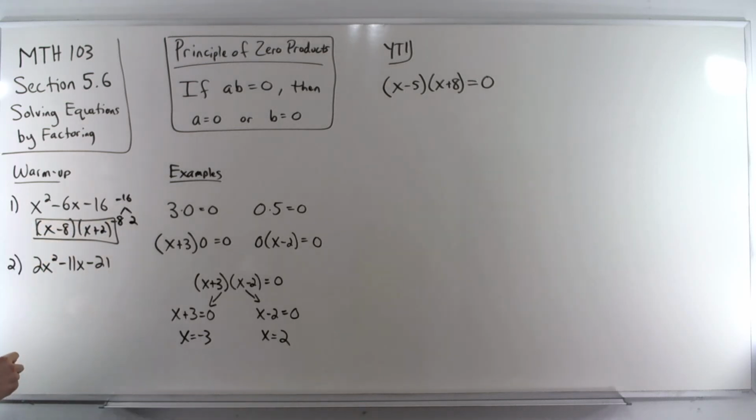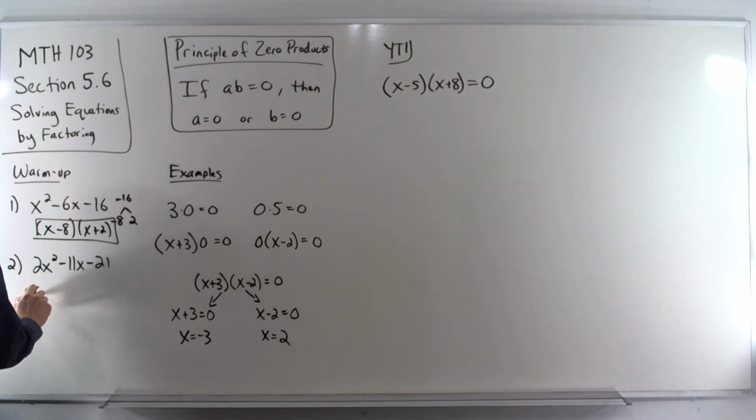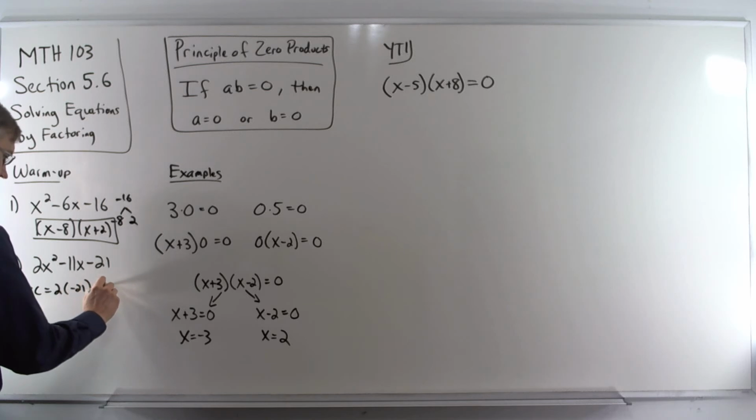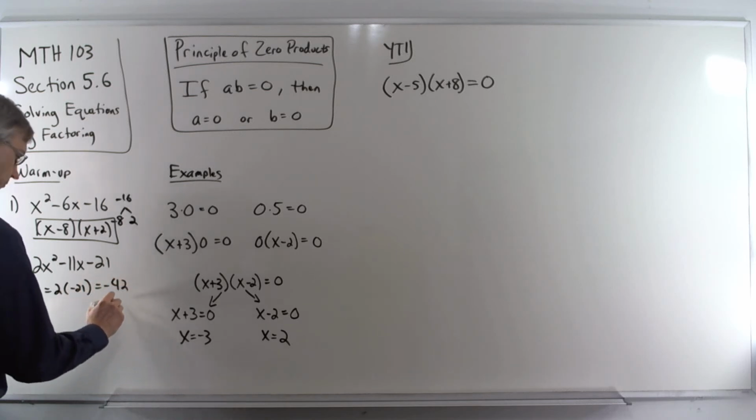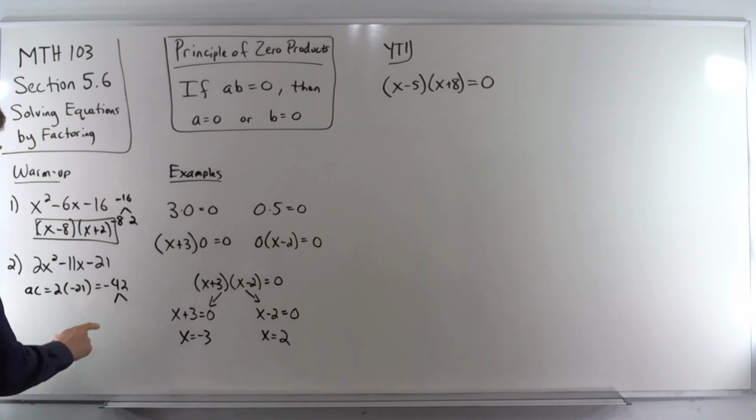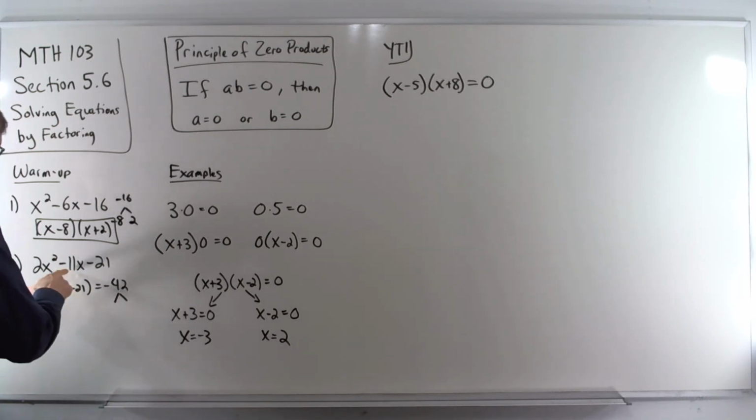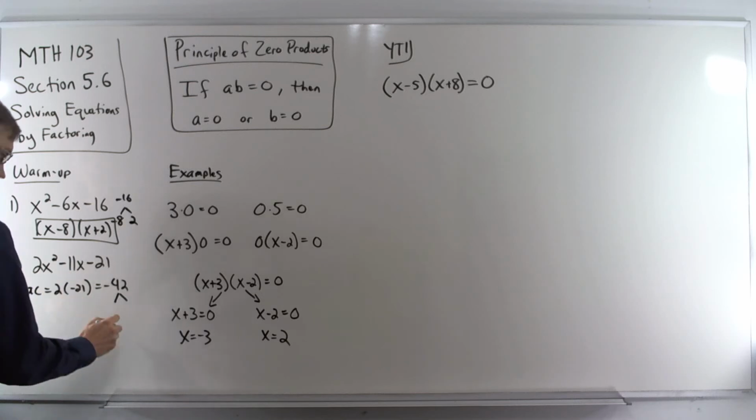Second one, we have an a does not equal 1 trinomial, so we need to use the AC method. AC is 2 times negative 21, which is negative 42. Now we need two numbers to multiply to get negative 42 and add to get negative 11.